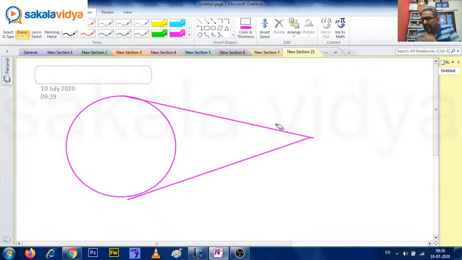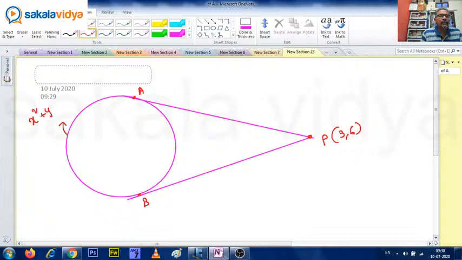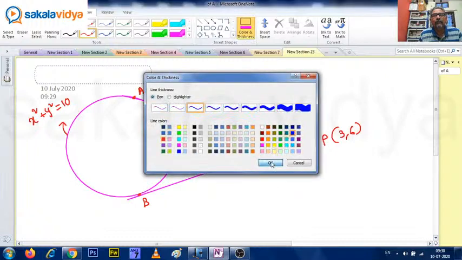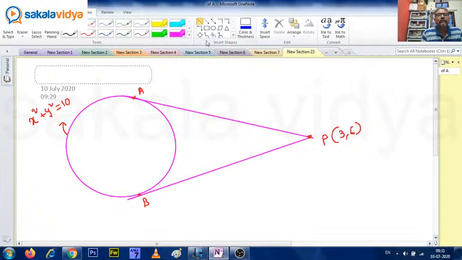Right. The two tangents are drawn from an external point like this. Say this is A, this is B. This point is P. The chord of contact is P 3, 6 to the circle x square plus y square equals 10.